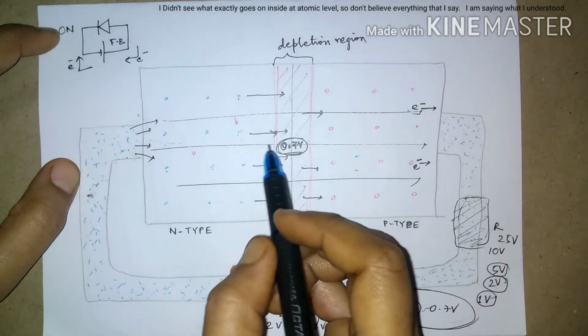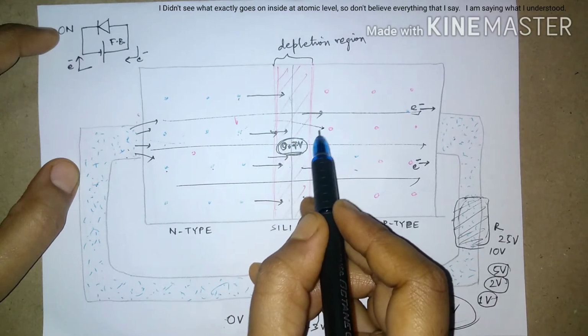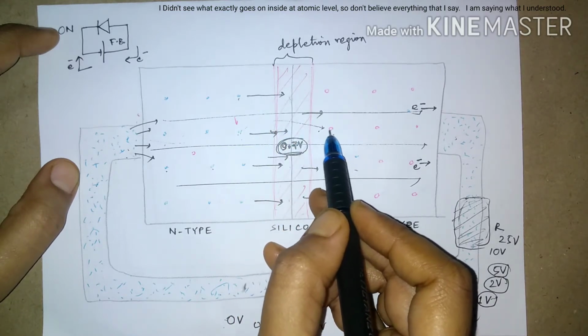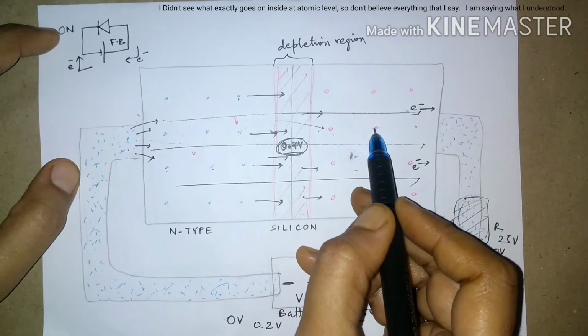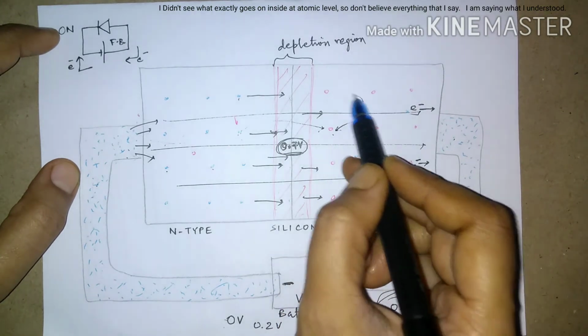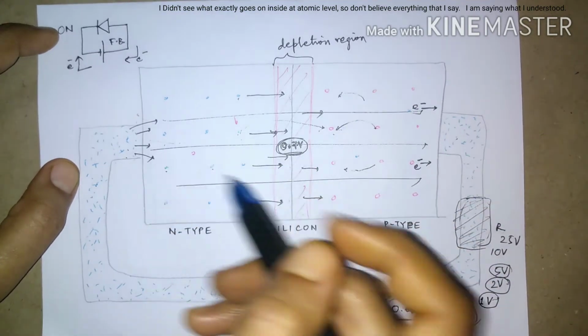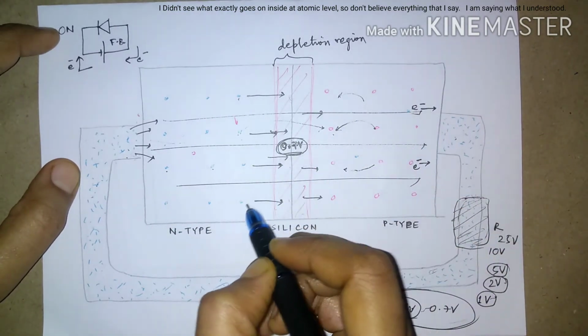Here, when an electron is coming and entering into the hole, one more hole will try to get attracted towards this side. So hole movement is always opposite to that of the electron movement.